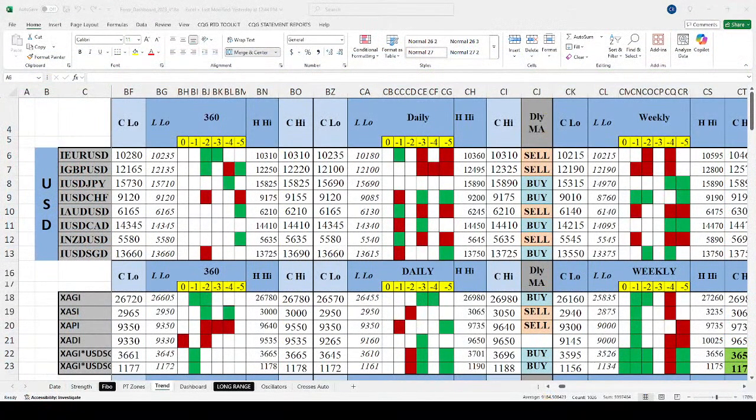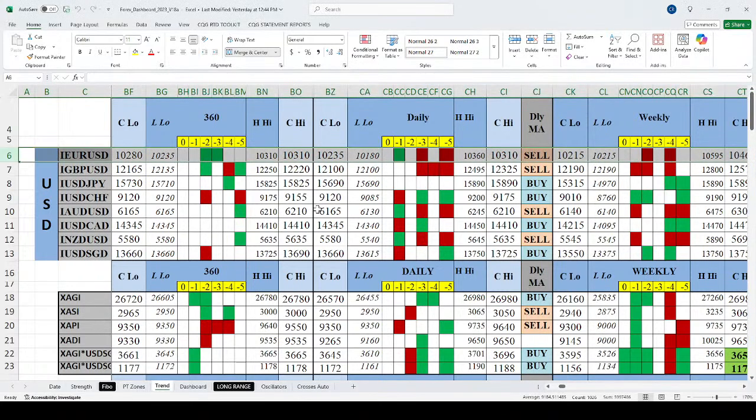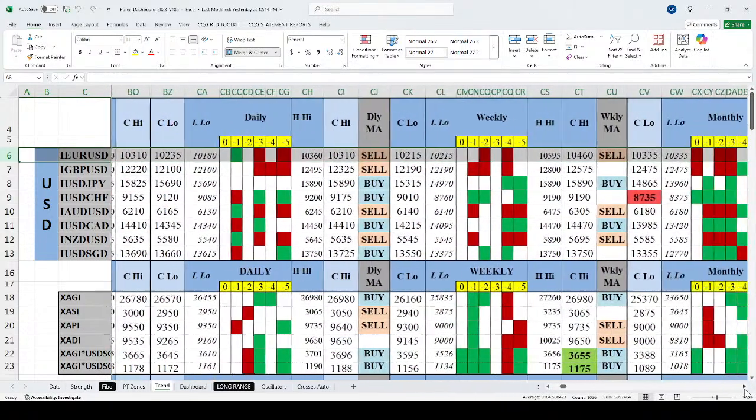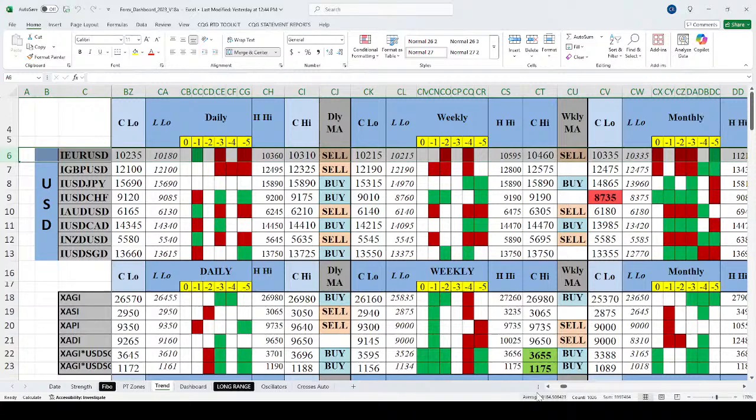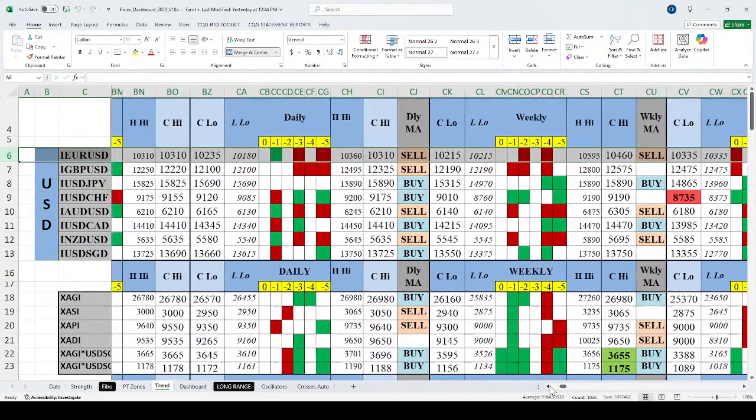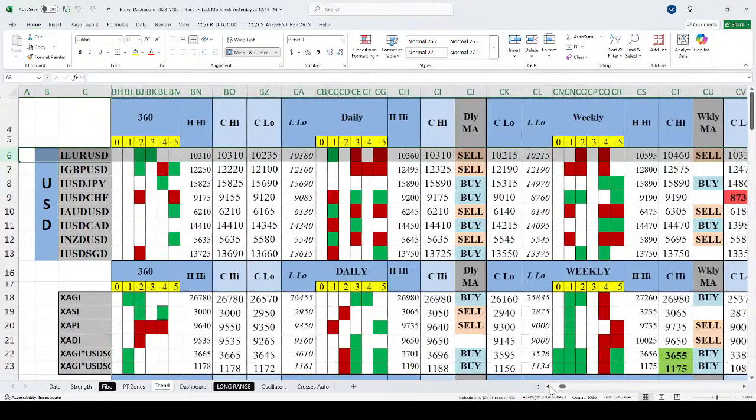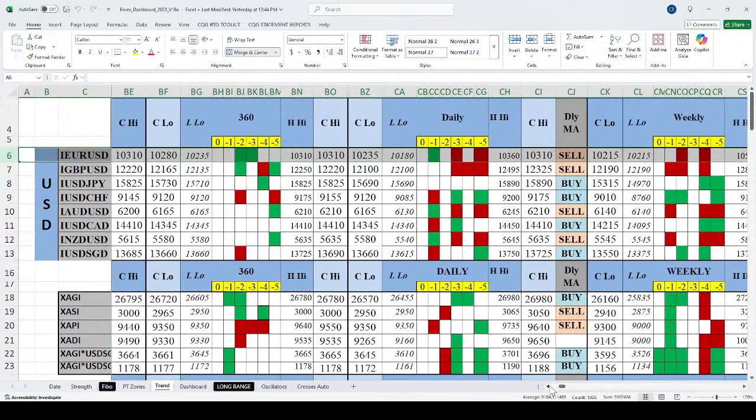Okay, the euro dollar. The market on the hourly is flat with an upside bias, daily is flat with an upside bias, weekly is flat with a downside bias, and monthly is in a downtrend. Which means the push we are seeing on the daily should be limited.